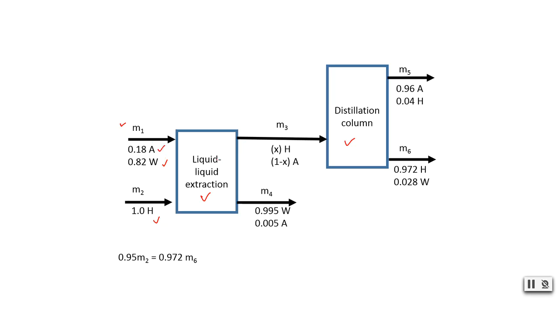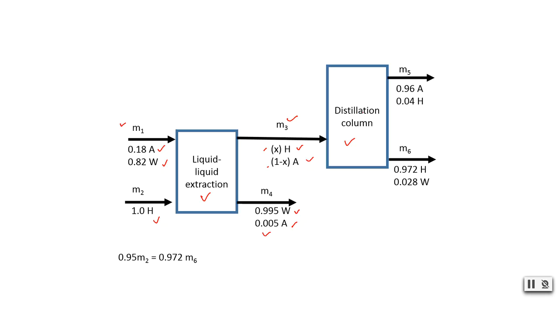Then after the extraction process, the bottom stream contains a lot of water and only a very small fraction of acetic acid, and the other stream goes to distillation, containing hexanol and acetic acid. We have no idea what the fractions are here.